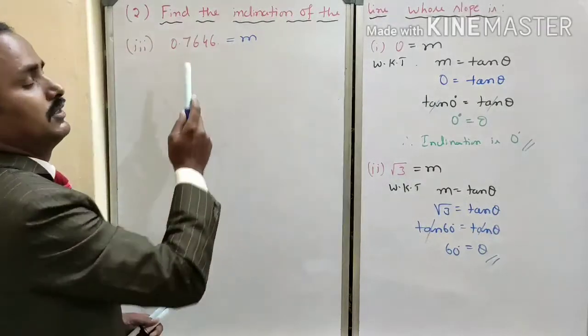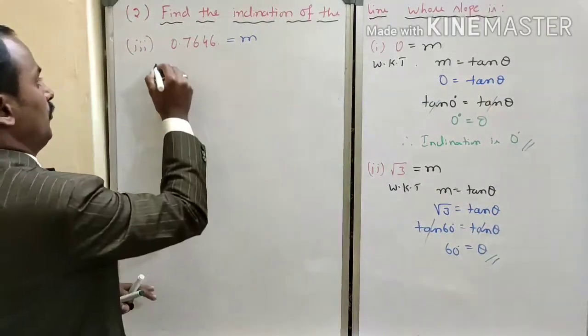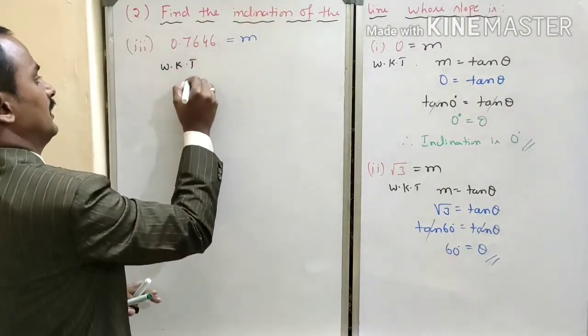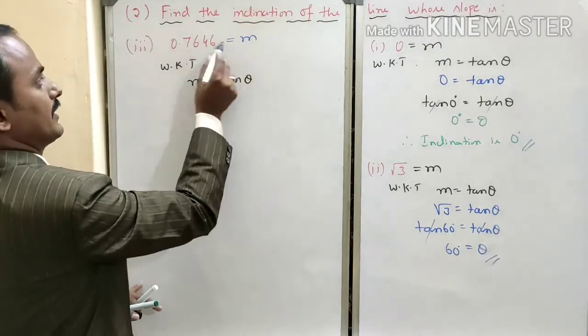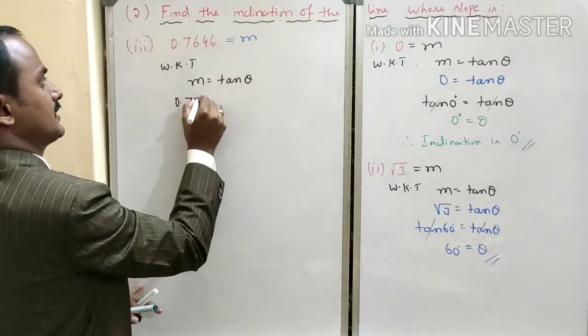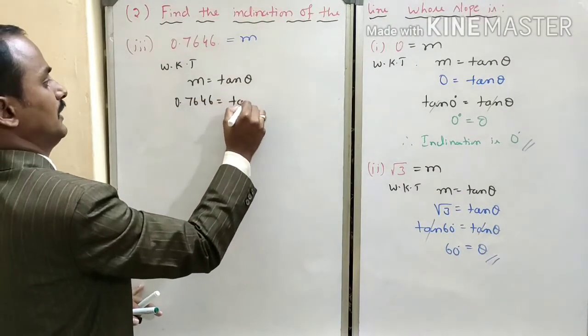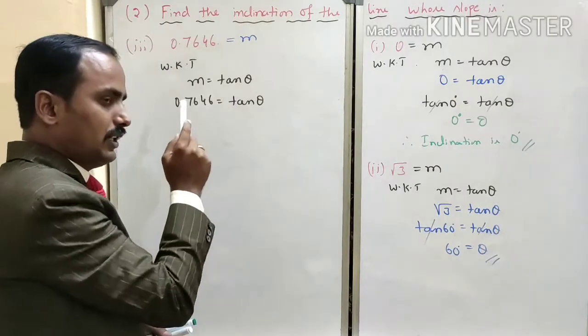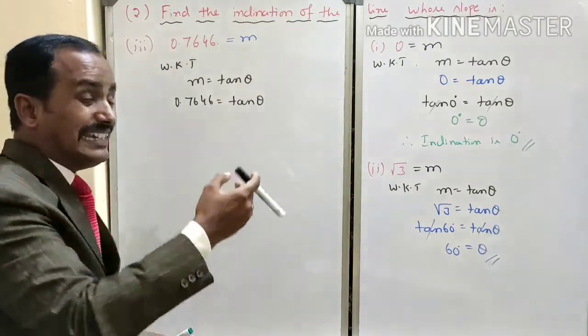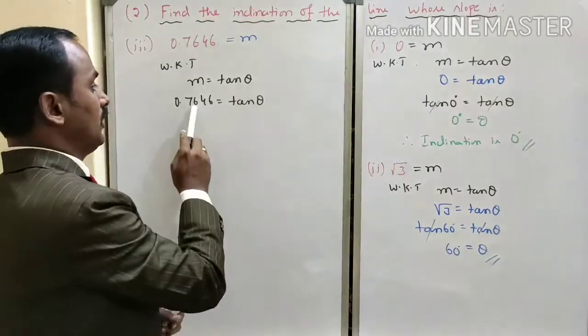But here it is a decimal number. We know that m is equal to tan theta. In the place of m I will write 0.7646 is equal to tan theta. How can I find in which angle this value will come?